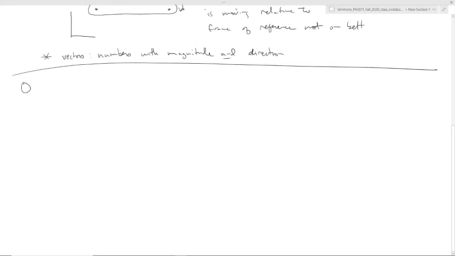Let me ask you a question. Do you know the difference between speed and velocity? Speed is a scalar and velocity is a vector.